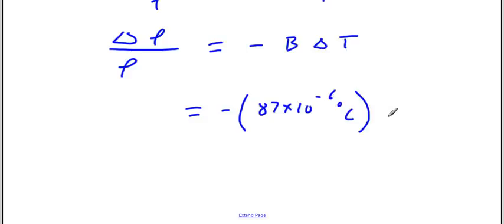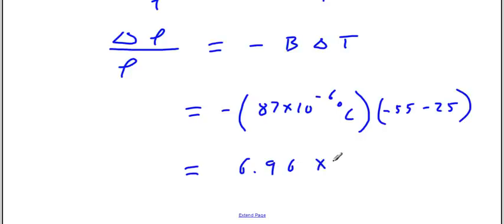My change in temperature, I'm going to go final temperature 55 minus initial temperature 25, and I'm going to put it in my calculator, and I'm going to get 6.96 times 10 to the minus third.